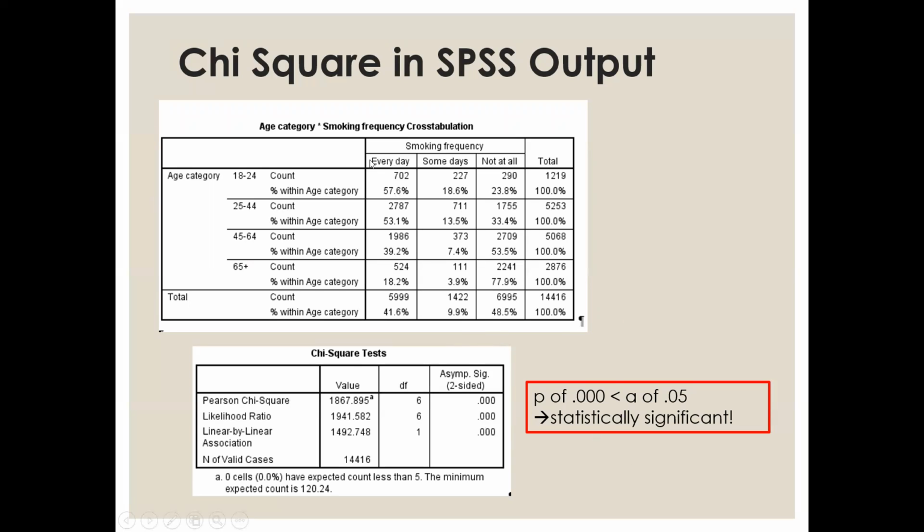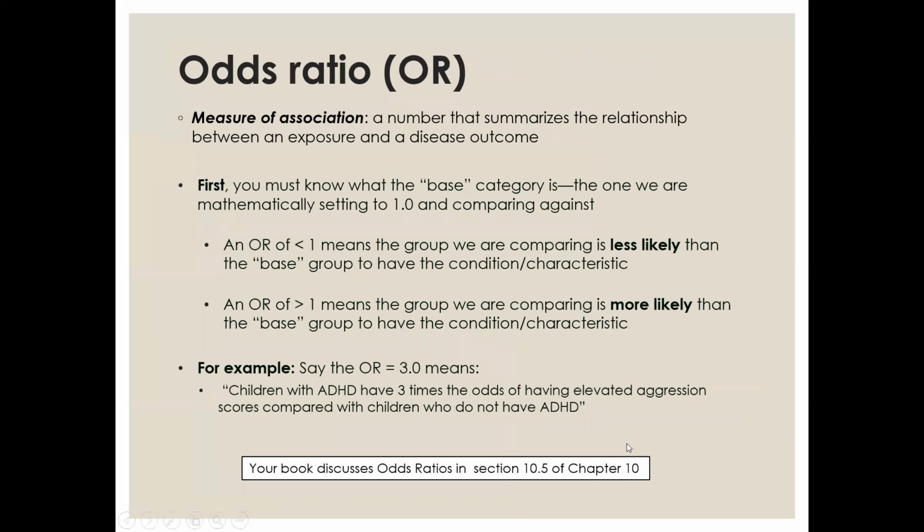So we see the relationship. It looks visually like there is one, but we can't rely just on the percentages in the table. We have to look at the p-value. And odds ratios are really, really great. Odds ratios, and if you want to read a little bit more, it's going to be in chapter 10 as well. But similar to a chi-square, they look at the relationship between exposure and outcome.